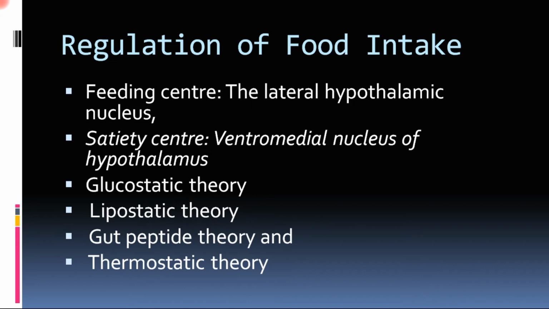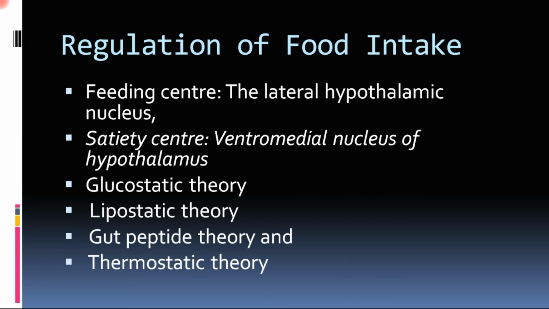Just like in the case of autonomic regulation or sleep, where we have seen that one center is active all the time, and whenever the other center has to work, it inhibits the action of the first center, the same thing happens in the regulation of food intake. The feeding center is active all the time, and the satiety center, when it is active, inhibits the feeding center.